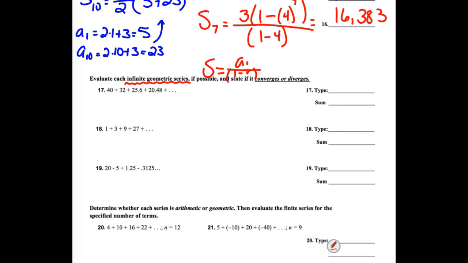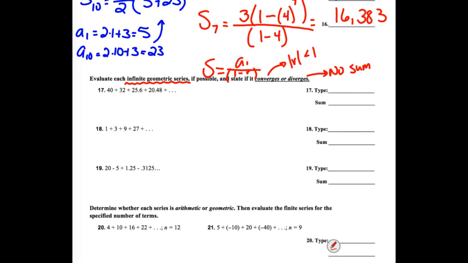Okay, now we said that we can find the sum of an infinite series if r is what? The absolute value of r is less than 1, or r is bigger than -1, smaller than +1, right? Between -1 and +1. If r is in that range where the absolute value of it is less than 1, we say it converges, we can find a sum. If it is not, we say it diverges, and there is no sum.